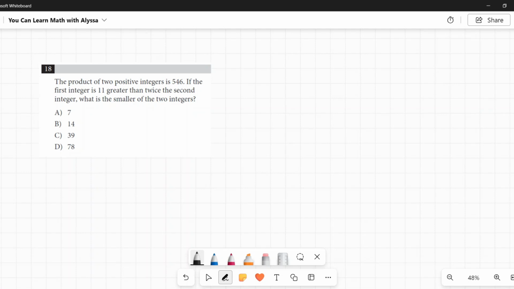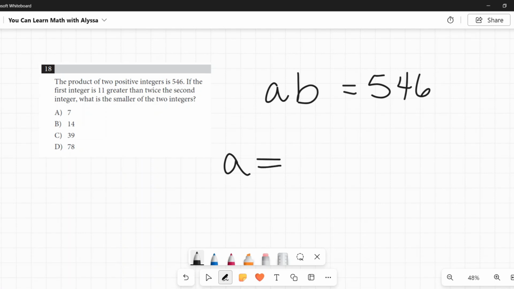So I'm going to call them, let's say, A and B. I have two positive integers. The product of them is 546. Product means multiplying. So A times B equals 546. The next line says, if the first integer, there's my first integer, is... When they're giving you equations in word form, 99% of the time, I can't think of an exception off the top of my head, that is where the equal sign goes.